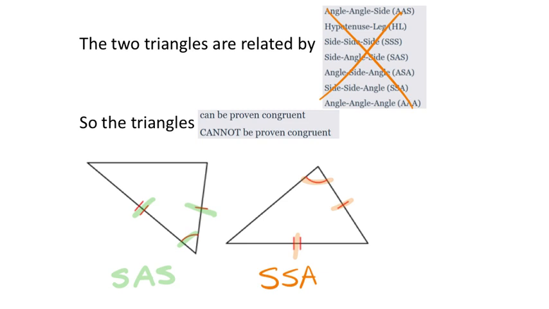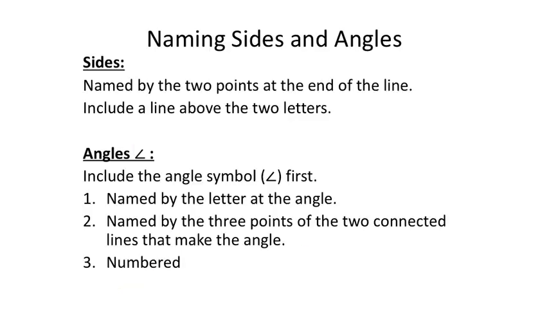So I don't know how that's going to work on the assignment, but I know for sure this cannot be proven congruent because of specifically this relationship. Now, if the 2 marks were here, then I could. I'd have a side, angle, side. But again, on this one, to get from this side to this angle, you'll have to skip an angle and a side. That's 2 parts of the triangle, which we cannot do in classifying triangles this way.